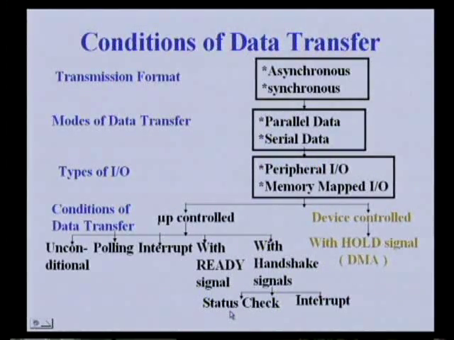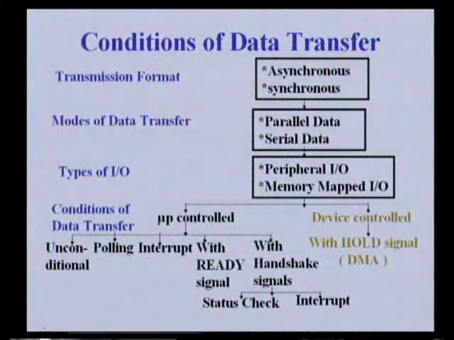Status check is equivalent to polling. In this, the processor will be looking whether the device is ready or not. If the device is ready, then only data transfer will take place. And in the interrupt method, when the device is ready, it interrupts the processor so that the processor can handle data transfer. So these are the various conditions of data transfer.